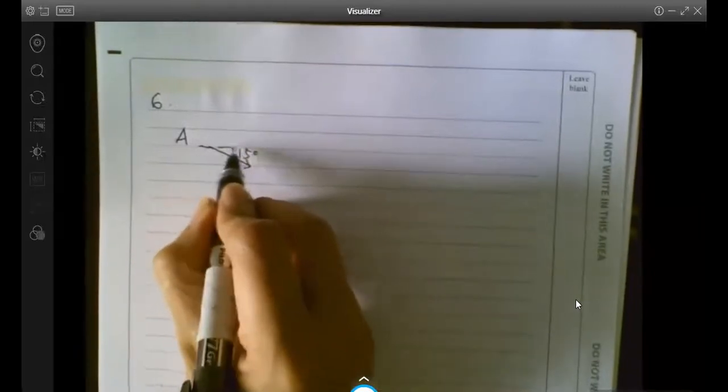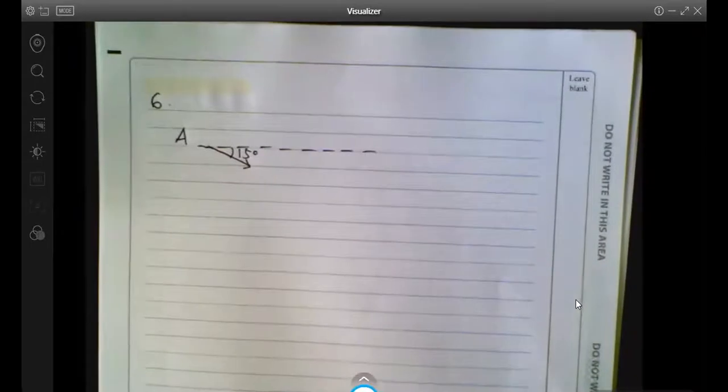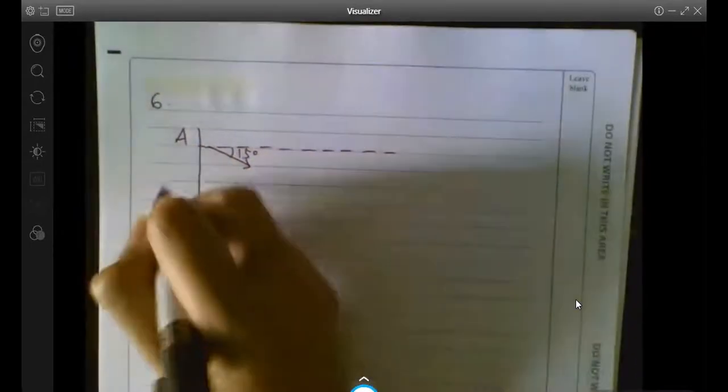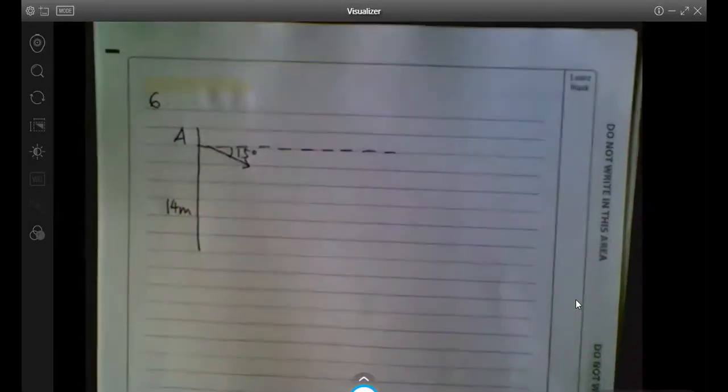Okay, take note, this is below the horizontal. The point A is 14 meters above the ground.